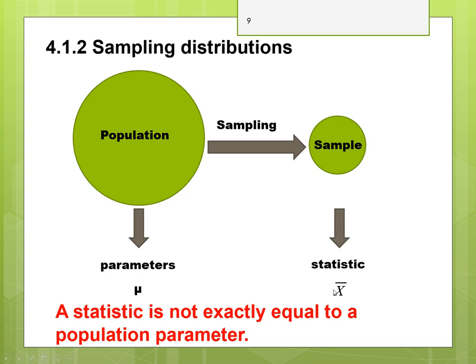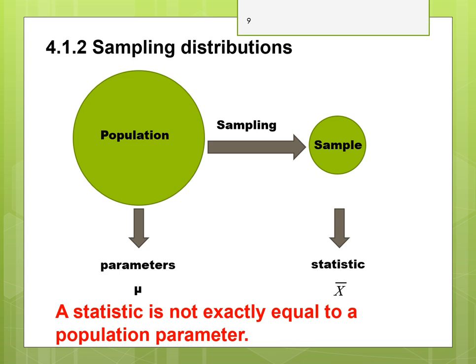So does that mean x bar is exactly equal to mu? Of course not. Because we know that the sample is smaller than the population. There may be 1 million persons in the population, but there may be only 10 persons in this sample. So a statistic is not exactly equal to a population parameter.